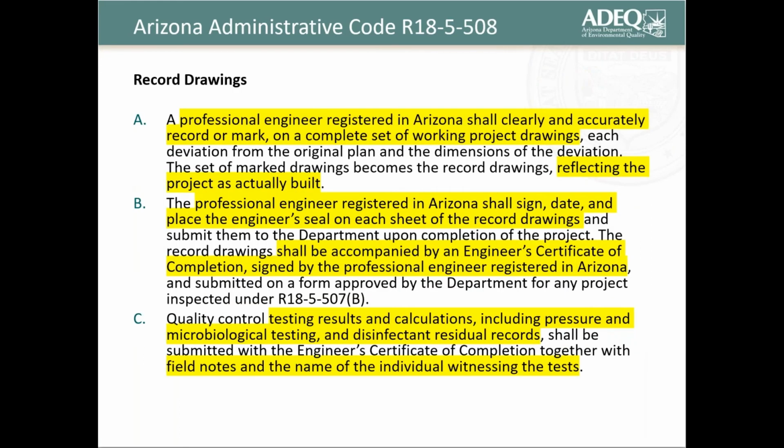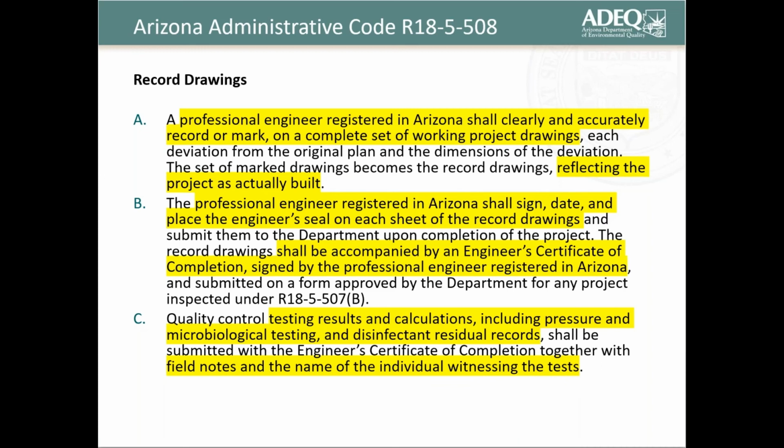And furthermore, the record drawings, also known as as-builts, should accurately record or mark each deviation from the original construction plans, reflecting the project as actually built. So the PE signature and seal should be on each sheet of the record drawings, and quality control testing results and calculations should be submitted along with the AOC application.